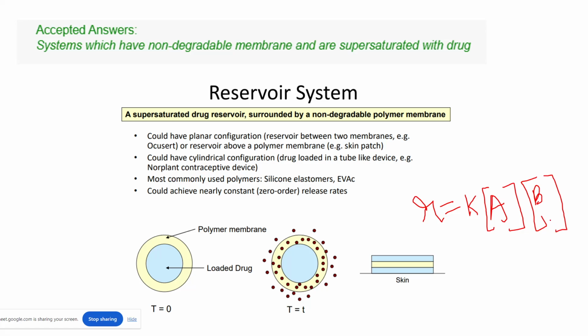I'm not sure what you want me to explain here. The rate of reaction here depends on two different components.